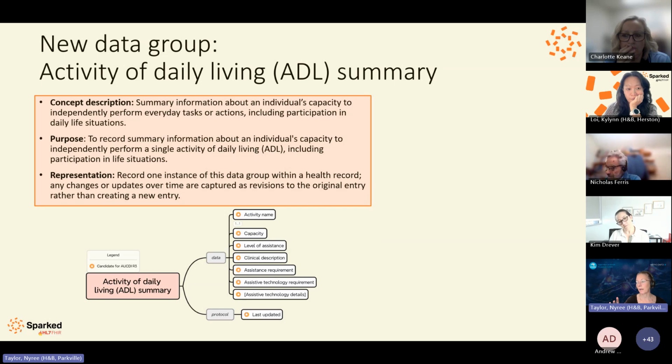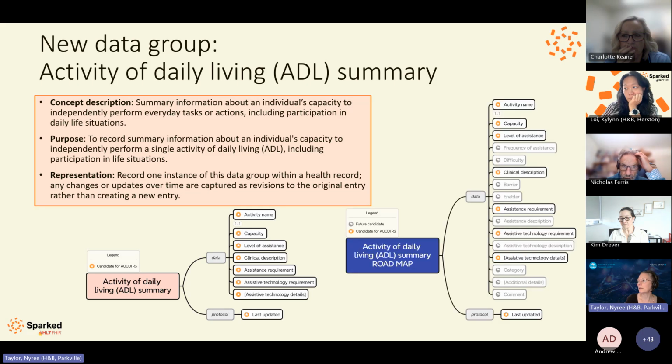Those brackets around it mean that we can slot additional information in if we need to, and are last updated. This is the model that we're thinking could start us to be able to record functional or activities of daily living, and then we can broaden that as we need to.